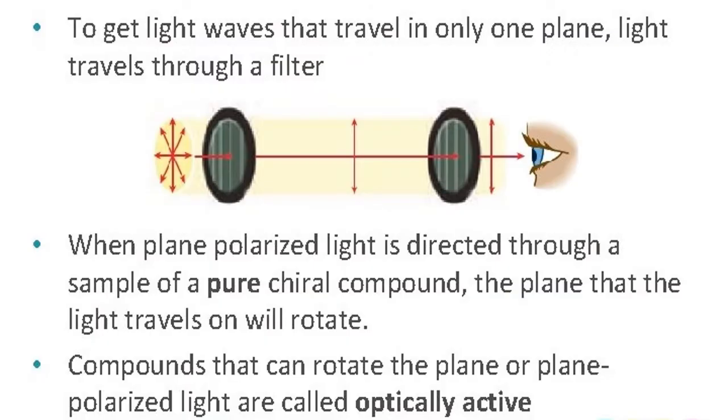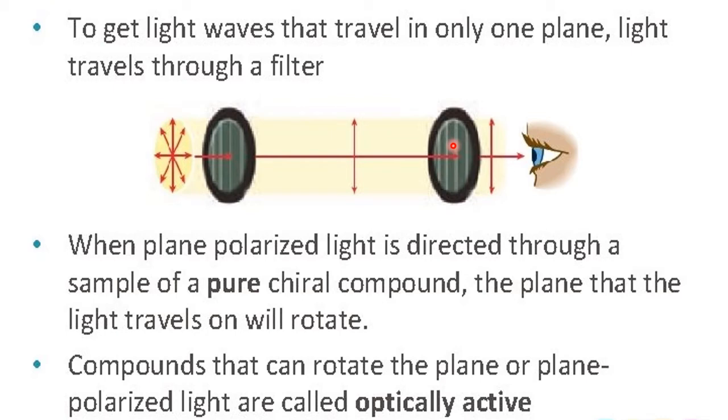Now see, this is normal light via polaroid. Now the PPL is allowed to move via this sample, and you can see through the polarimeter. So if the PPL is rotated, then the sample is optically active.